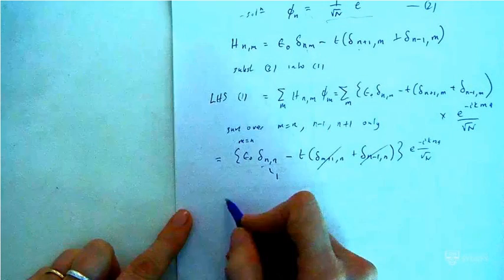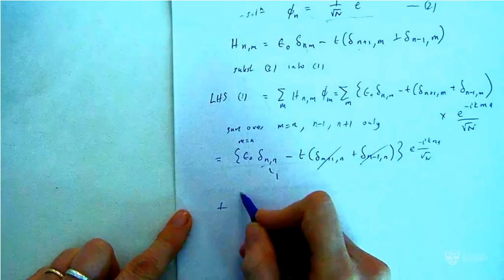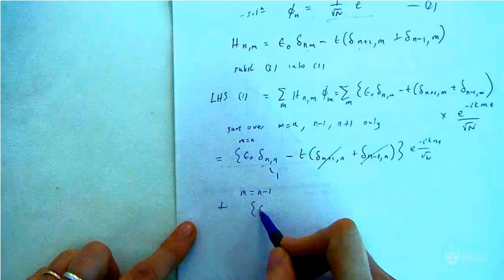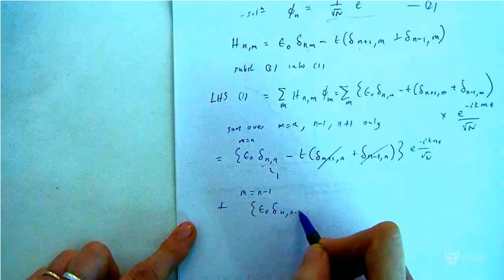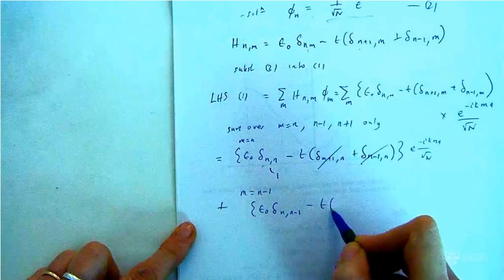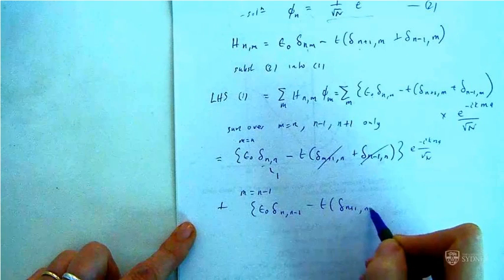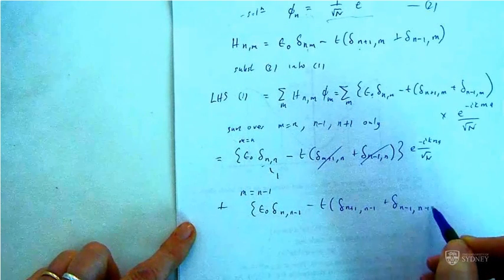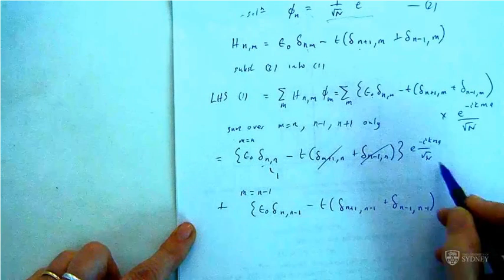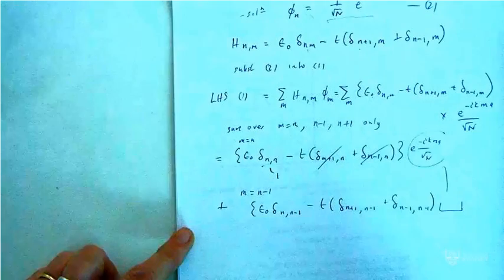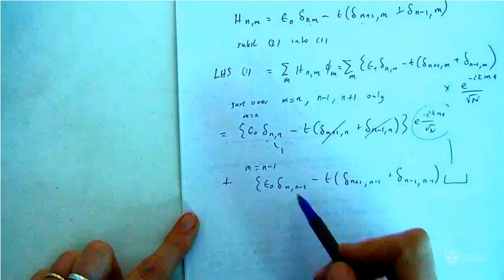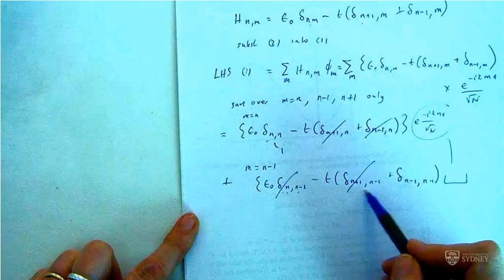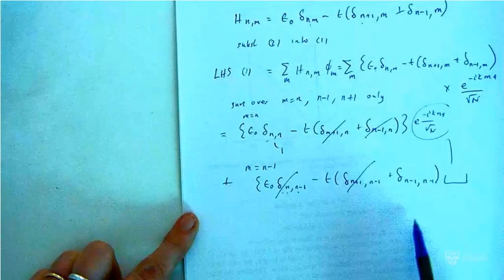Then we have to add to that the next summation, m equals n minus 1, for example. Then we have E0 delta n, n minus 1, minus t delta n plus 1, n minus 1, plus delta n minus 1, n minus 1, and then just this wave function again. When you look at it in this case, these delta functions will go out because they are not the same, and we will just be left with this term here.